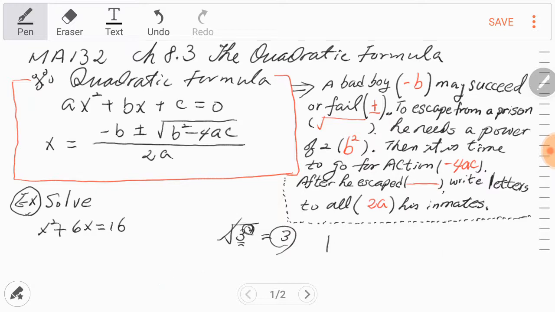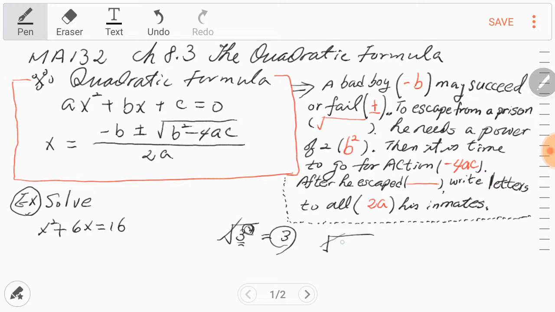So let's assume that the square root symbol is a prison wall. So a bad boy, minus b or negative b, may succeed or fail, which is plus or minus. And then the square root: if he tries to escape from a prison, that's a square root. Then he needs a power of 2, right?